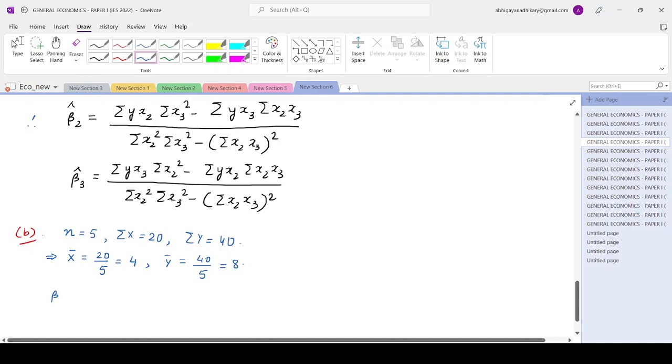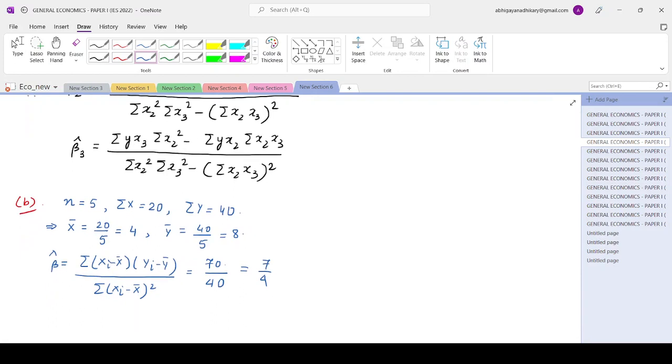And what was the expression for beta hat? Beta hat was summation xi minus x bar into yi minus y bar divided by summation xi minus x bar whole square. These values are directly given in the question: the numerator is 70 and the denominator is 40. So this is 7 by 4.